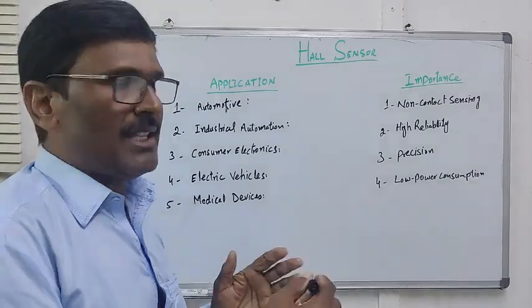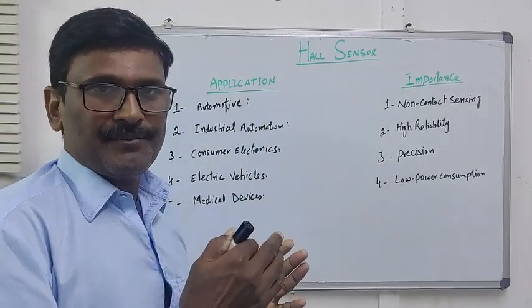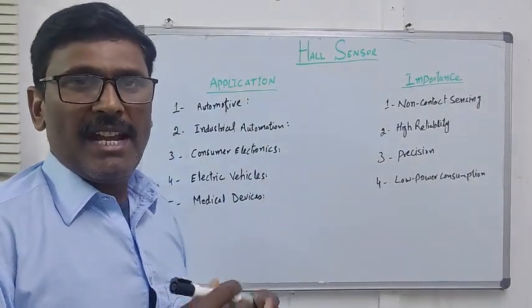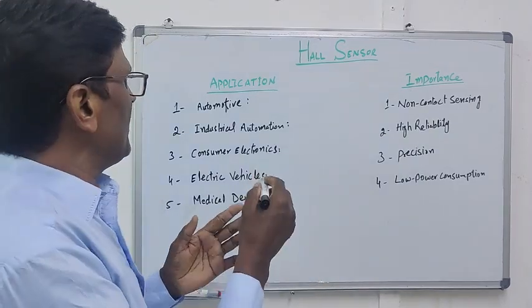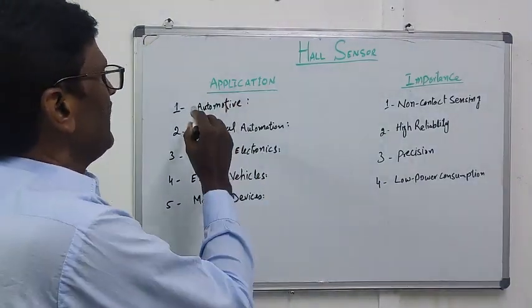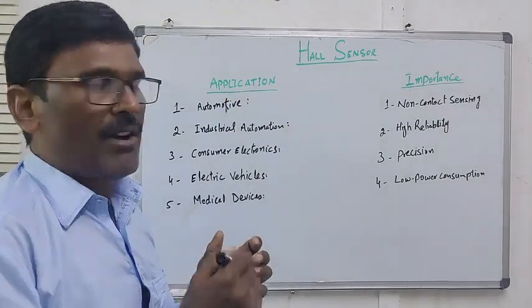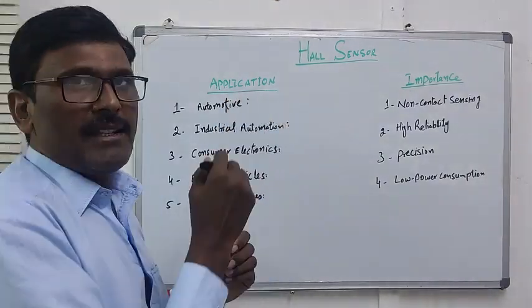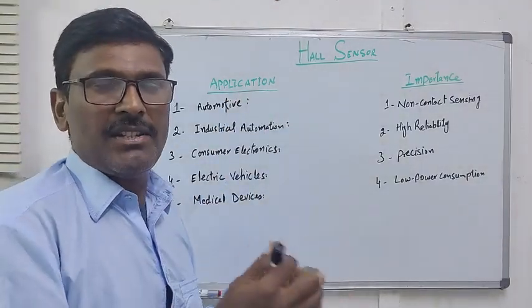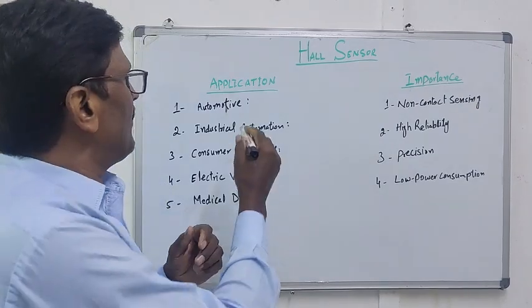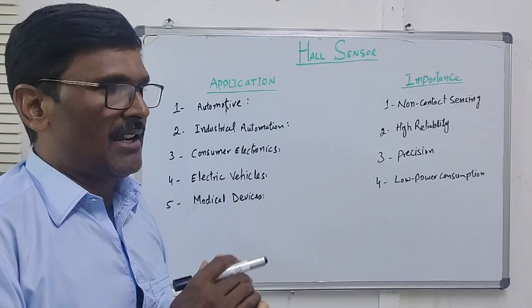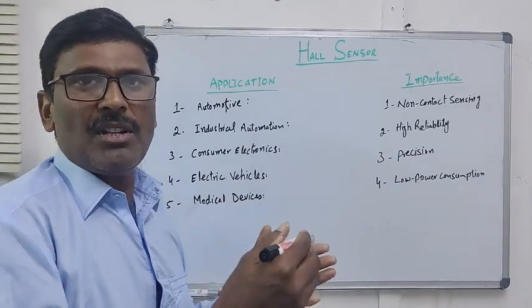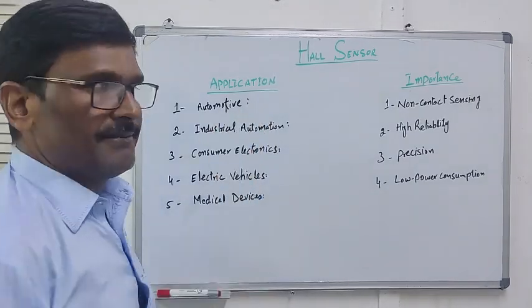We use this sensor in heavy machinery, light vehicles, heavy vehicles, all the vehicles. For example, we use it in cars for the ignition system, for detecting wheel speed, and also for the position of electric motors.